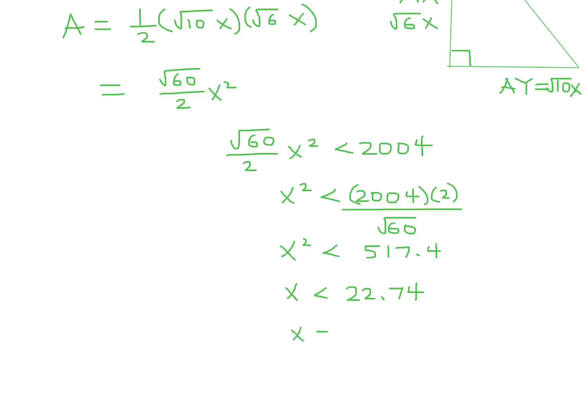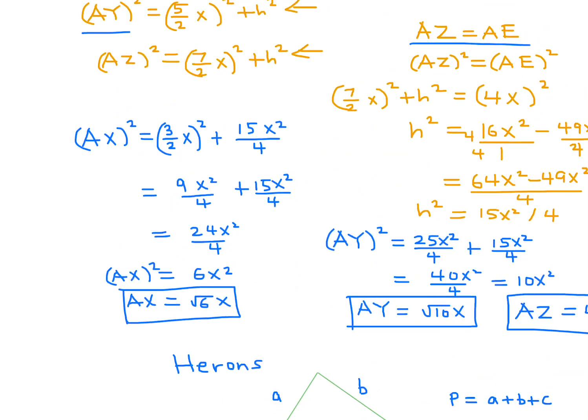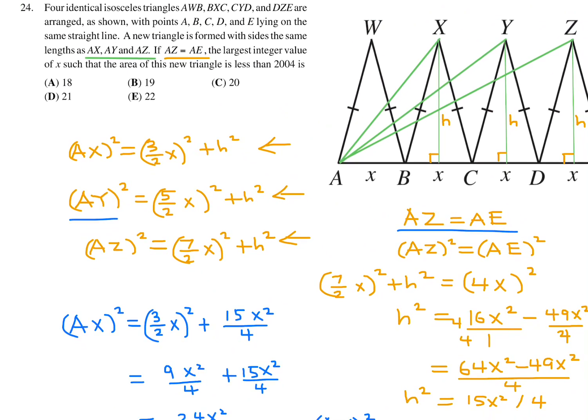Well, that would be x equal to 22. Correct? So let's see here. The largest integer value of x such that the area of this new triangle is less than 2004. Yeah, 22, the answer is E. Excellent question.